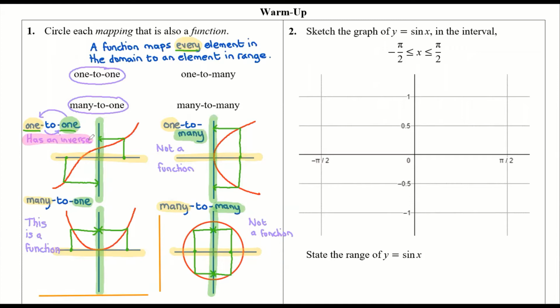If I switch the domain and range around, which is what happens when you find an inverse function, notice that the inverse function would be a one-to-many. And we know that one-to-many can't be a function. So that's why the only way you can get an inverse function is if your mapping is one-to-one. Okay, so we can make a note of that. Only this has an inverse.